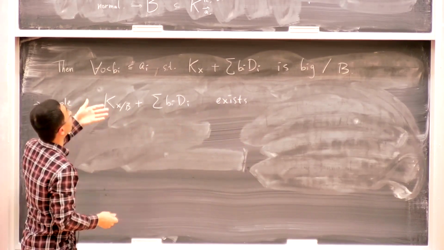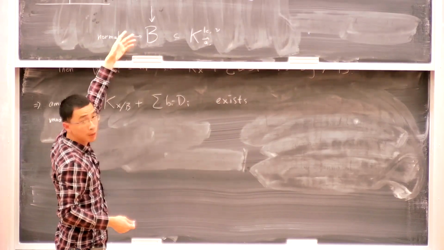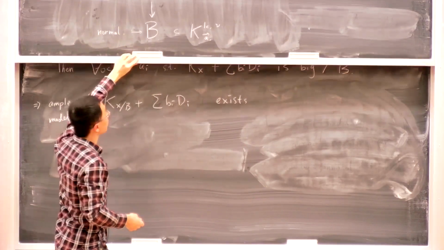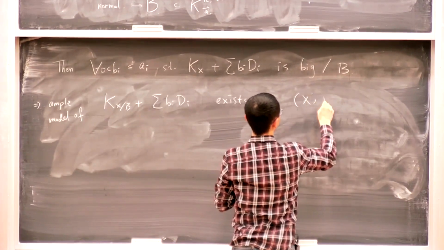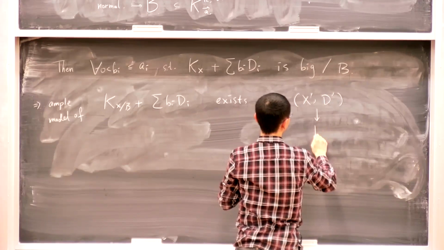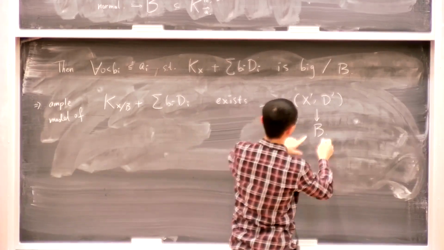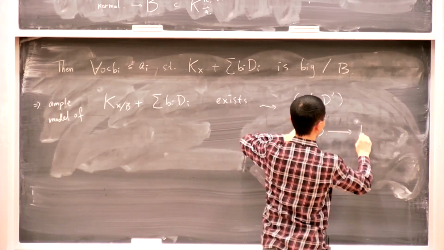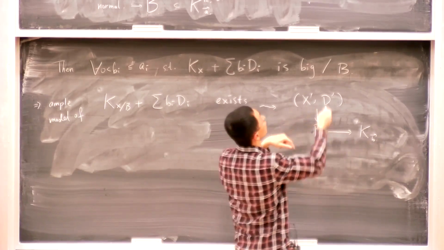And that would give me a stable family, a family of stable pairs over the same base. So in particular, I get a map from B to the corresponding moduli space with coefficient b. And of course, it will factor through that.